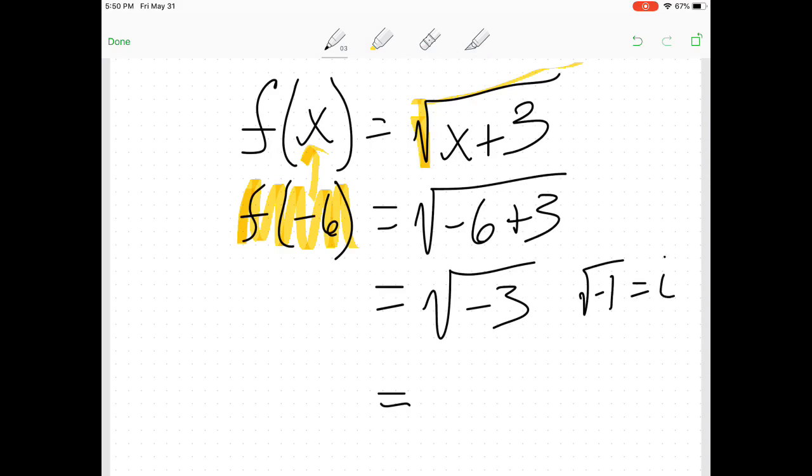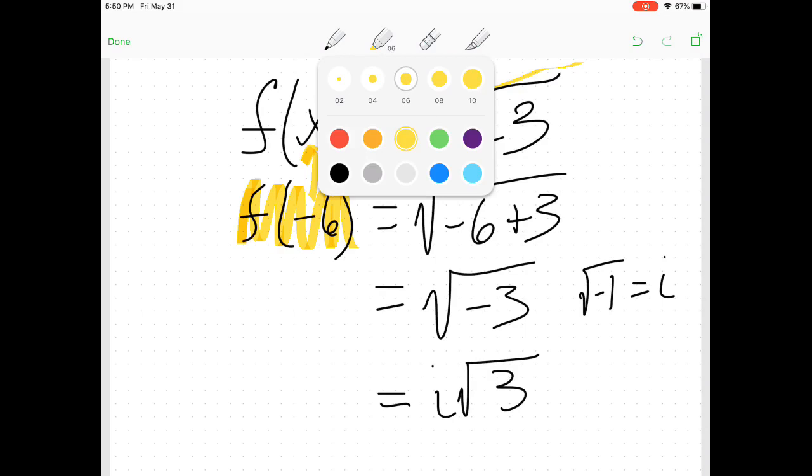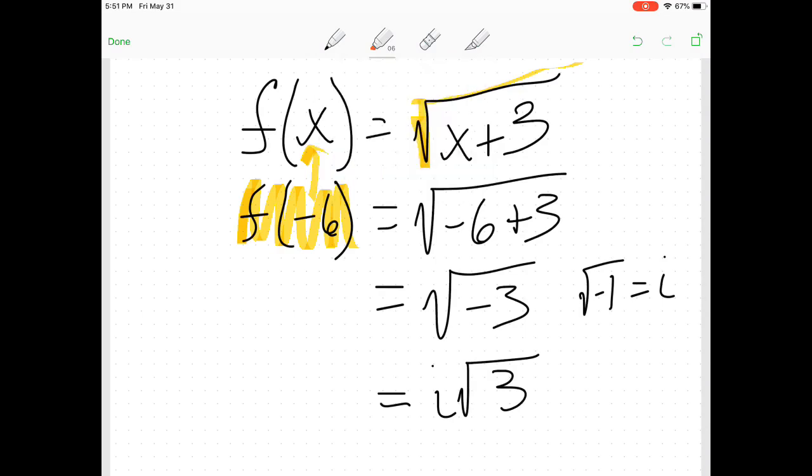And you can think of that i as standing for imaginary if you want. So that's equal to i square root of 3. Again, this is not a real number, okay? We do not want this. So that tells us that negative 6 is not in the domain of f of x. It's not in the domain of our function here.